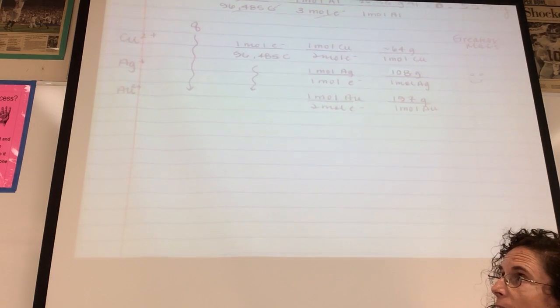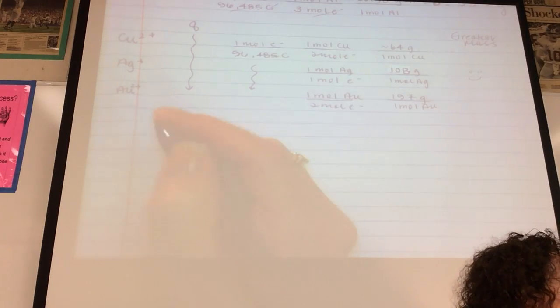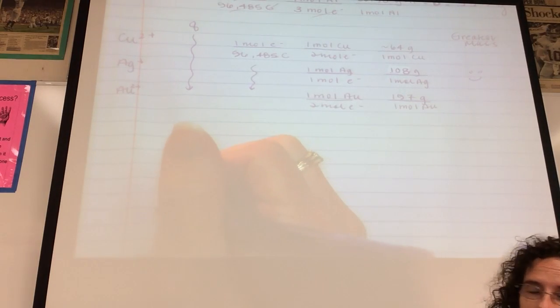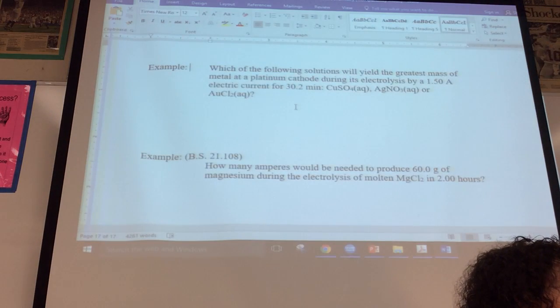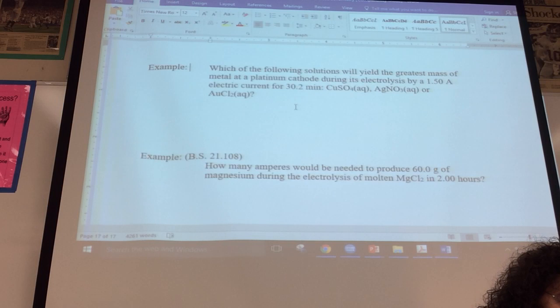And then the very last new problem of the year. This is going to be in reverse. Are you good here? This is a happy problem. The very last problem of the year says how many amps. So you're looking for what?